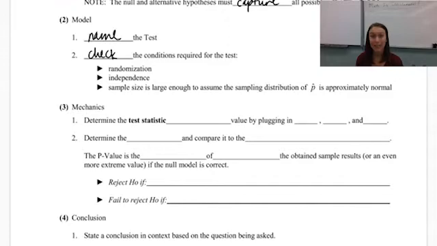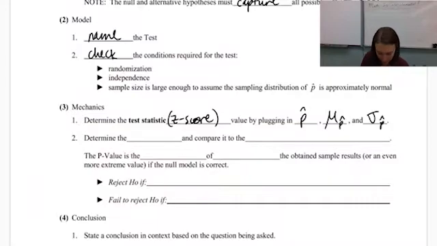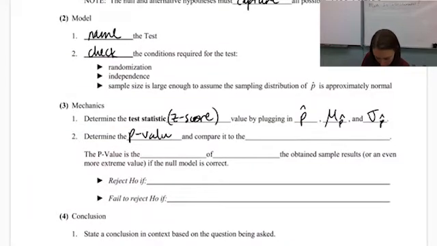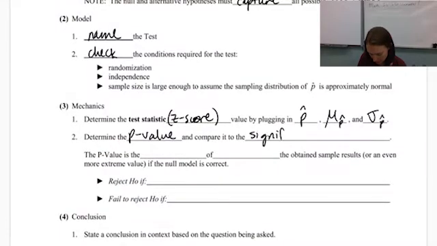Next, we get to do the mechanics or the math of it. So determine the test statistic. In this case, it's going to be a z-score value by plugging in our p-hat, our mu sub p-hat, and sigma sub p-hat. Determine the p-value and compare it to the significance level.